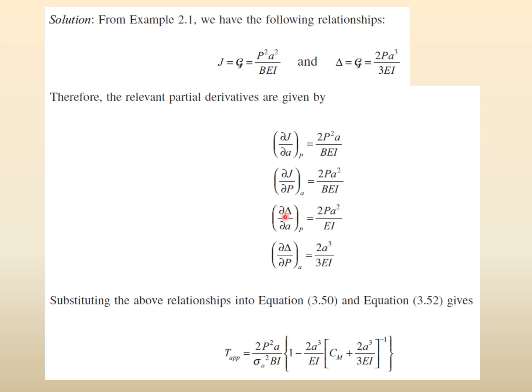So here you are differentiating this with respect to a, a is a cubed, so this will become 3a squared. So 3 and 3 cancel and then you have this, and with respect to P only the P goes away. So these are the four quantities that are there in the equation. And now you just substitute them.